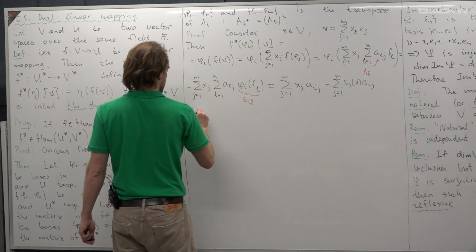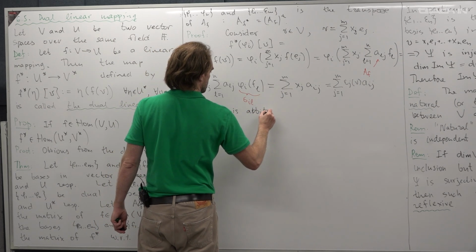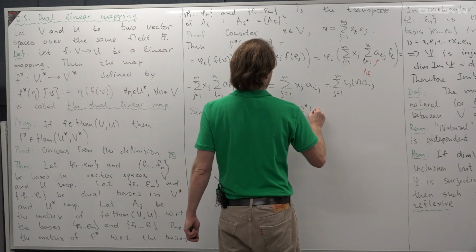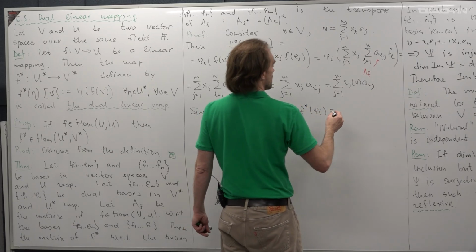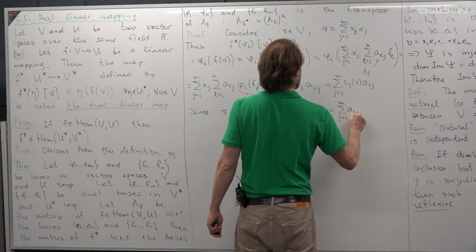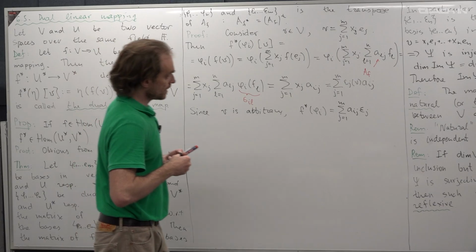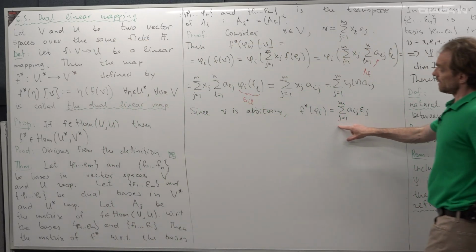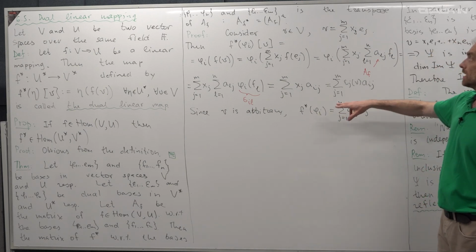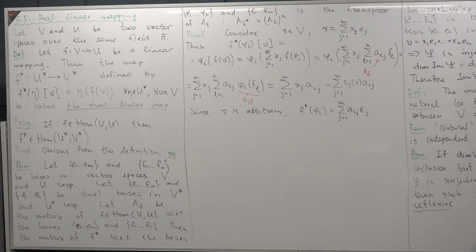Since v is arbitrary, f star of phi i equals the sum where j ranges from 1 to m of a sub ij by epsilon sub j. So we get an expansion of the image of the vector from the basis in the space u star with respect to the basis in v star.